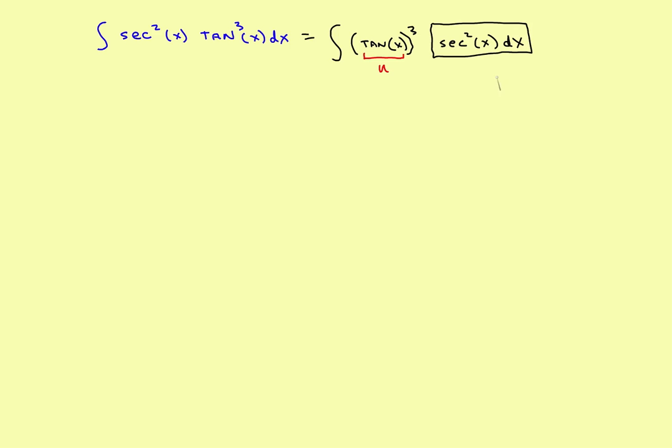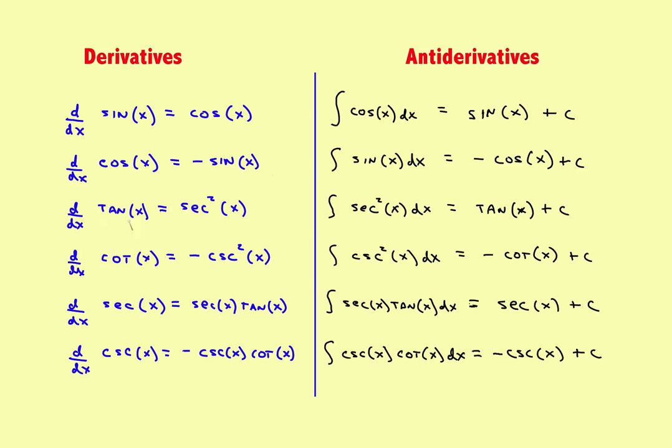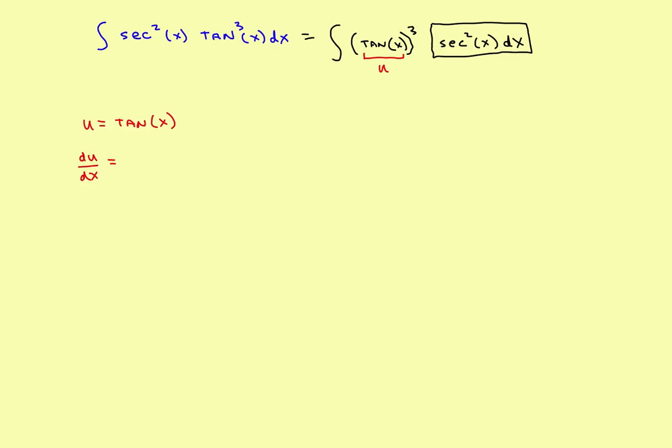Now just follow the same steps. Find the derivative of u. So u is equal to the tangent of x. Therefore, the derivative of u with respect to x, the derivative of the tangent of x, and let's go back to our definitions way up here, the derivative of the tangent of x is the secant squared of x. Now since this is a simple x, you don't have to use the chain rule here.